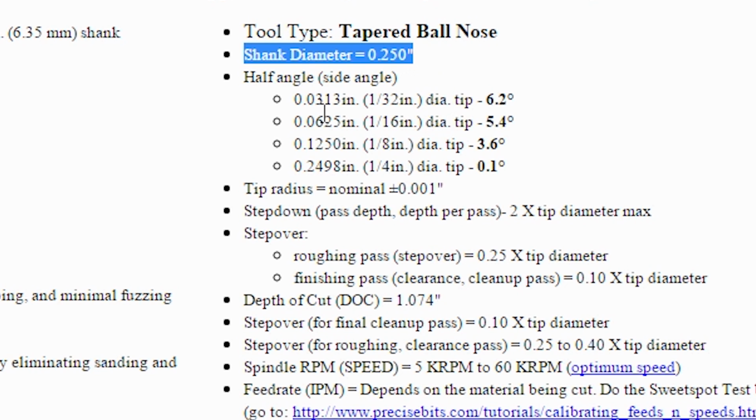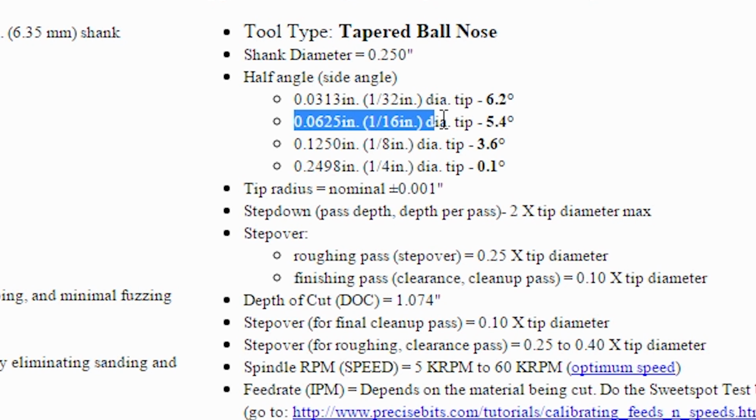We have to know the side angle of the bit, and we're going to utilize a 1/16 inch Ballnose, and that's the diameter of the Ballnose, not the radius of the Ballnose, and that's very important to know, as you'll see in a moment. And our side angle is 5.4 degrees.